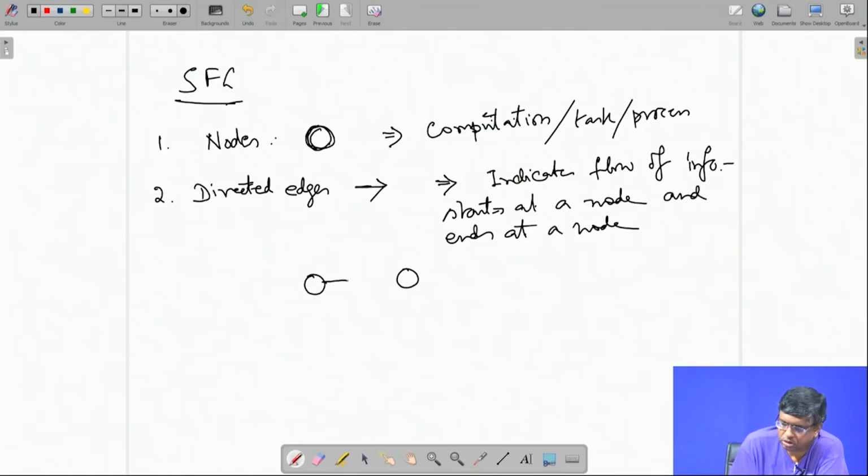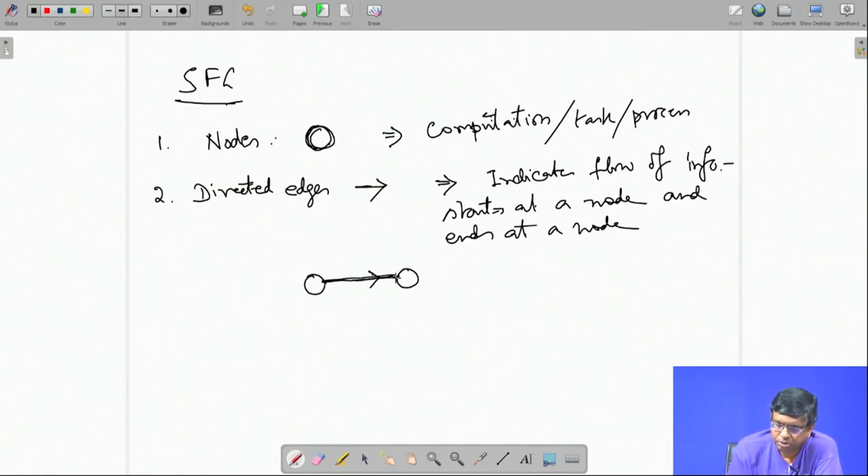There are two nodes, there can be an edge like this, which means there is a physical connection from this node to this node through a line. The arrow indicates the direction, that is why it is called a directed edge, and this directed edge means information can only come from this node and go to this node, not in the opposite direction. Okay, so this is one edge, and direction indicates flow of information. This means a physical connection. So there will be a physical connection, a bus or a wire which will take information, data from this node and take it to the other node.